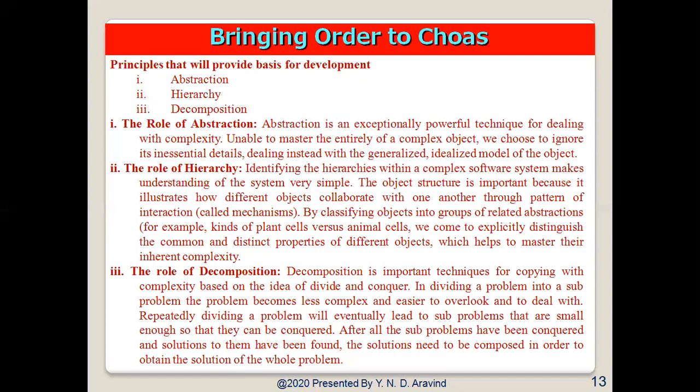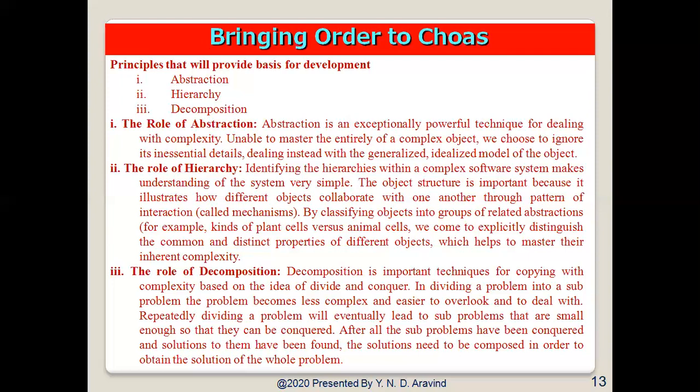Yet you are expected to make so many decisions regarding the non-functional requirements, and you need to progress on decomposing the problem domain into manageable pieces, or on identifying the features of the system under design. The principles that will provide the basis for this development are abstraction, hierarchy, and decomposition. Now let us see the role of abstraction.